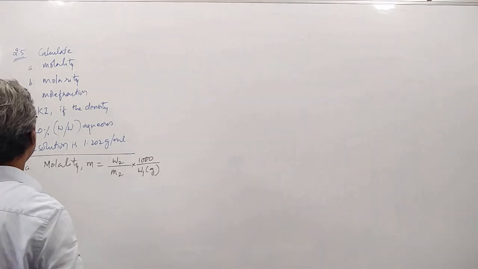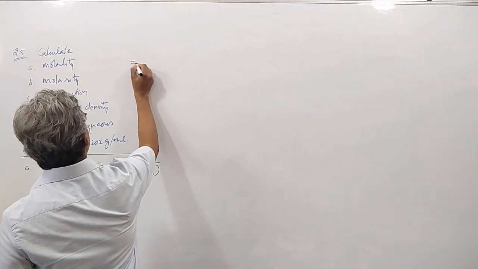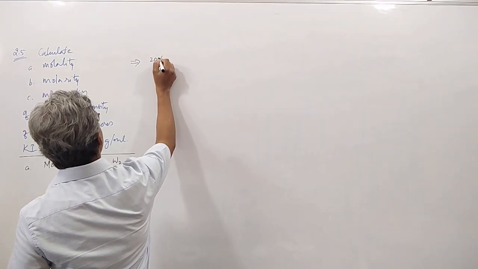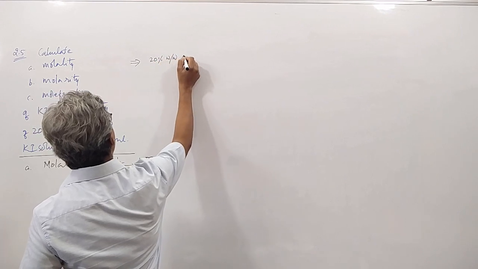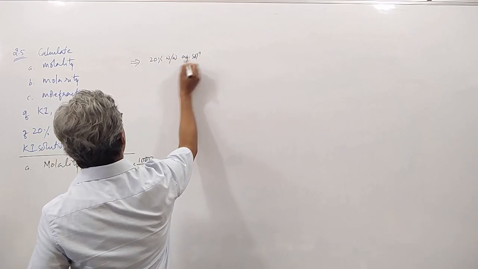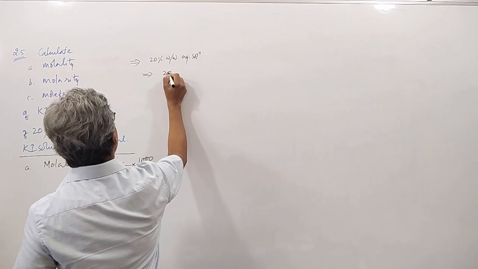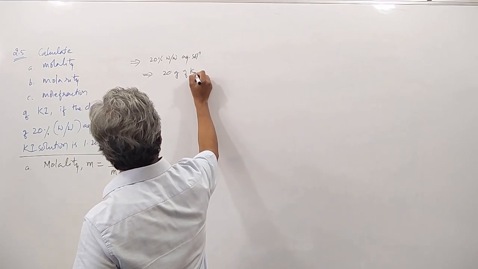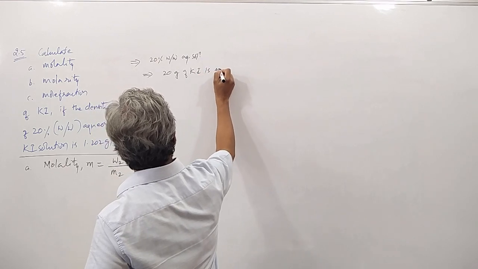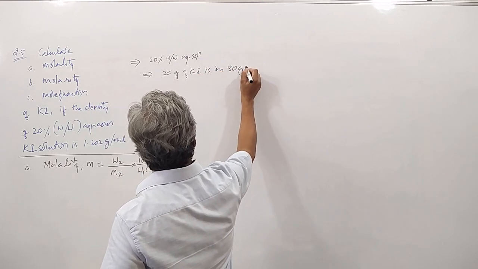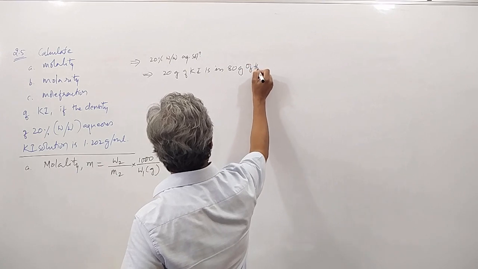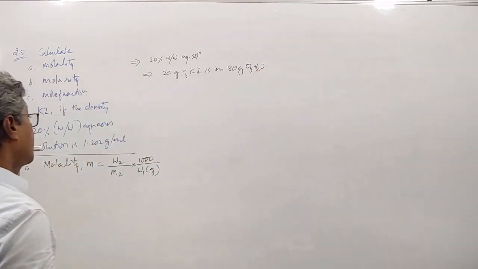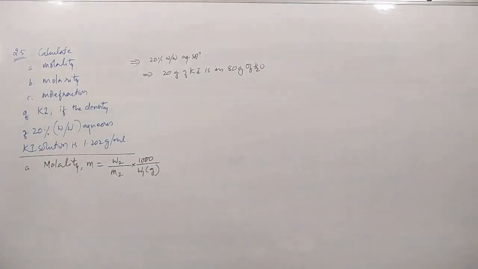It means that 20% weight by weight aqueous solution. This means that 20 gram of KI is in 80 gram of H2O. Yes, students. 20 gram of KI is in 80 gram of water, which means 20% mass by mass.